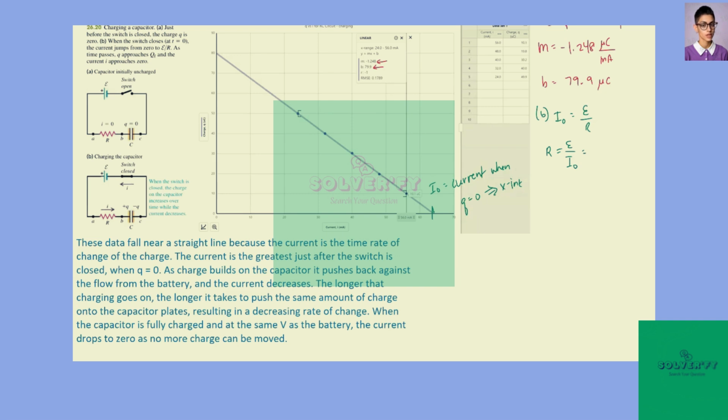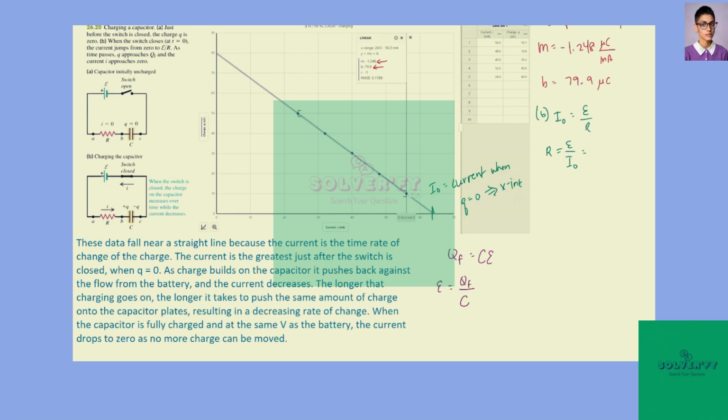Let's go ahead and, how about purple? Because I've already done a bunch of typing in blue. So here's where we can look at the fact that our Q final, our final amount of charge, is going to be equal to the capacitance times the EMF of the battery. And so we can find the EMF of the battery with the final charge divided by the capacitance.